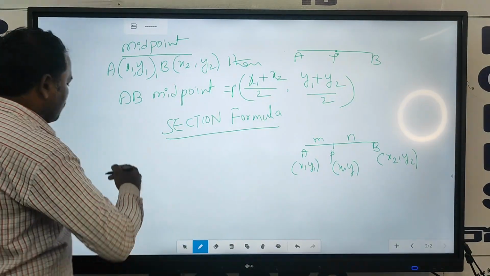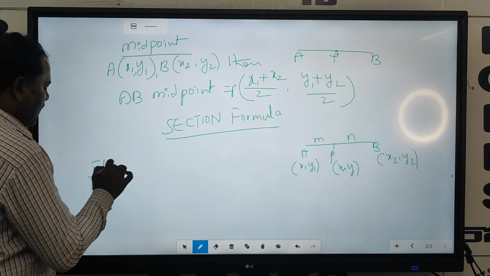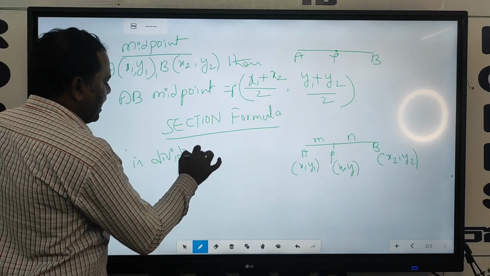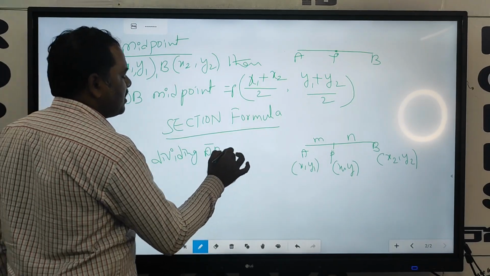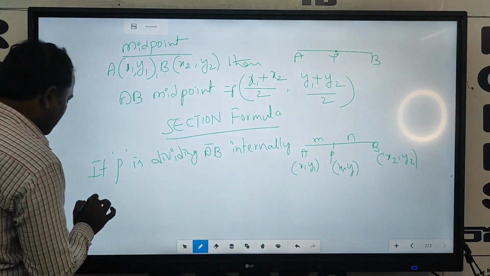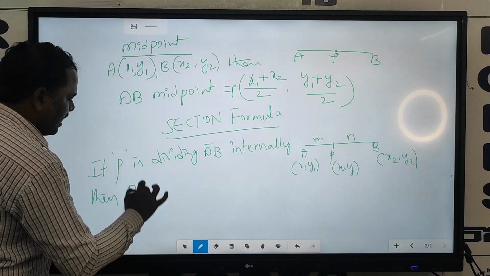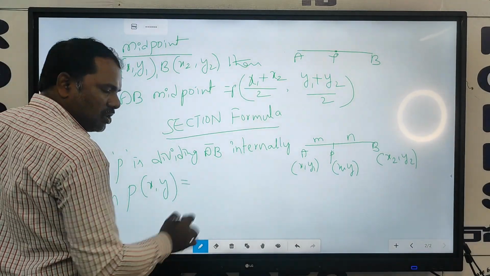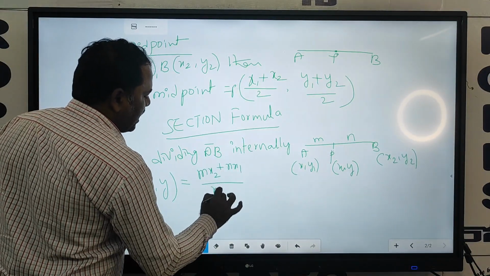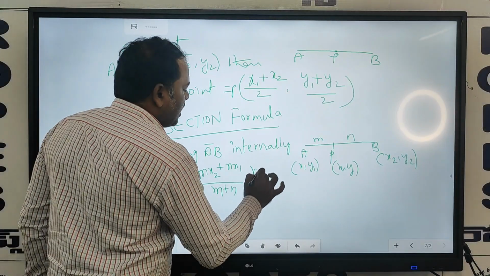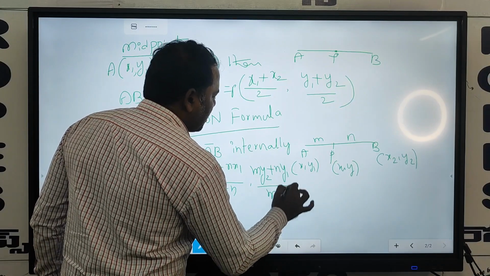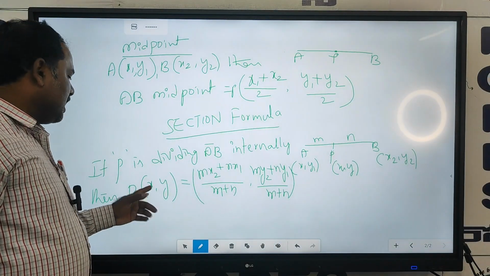If P is dividing the AB line segment internally, then P (x, y) is equal to (mx2 plus nx1) by (m plus n) comma (my2 plus ny1) by (m plus n). So this is the formula to find the point P.